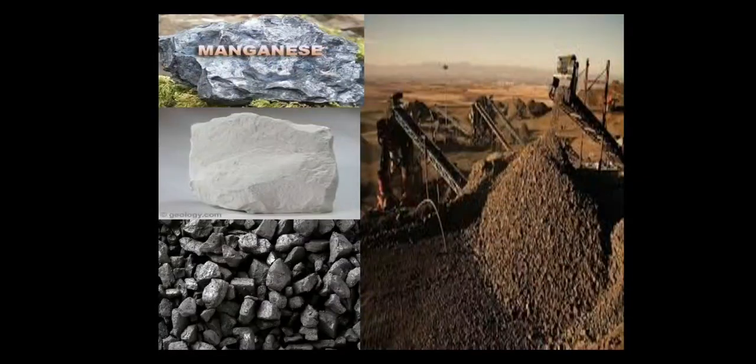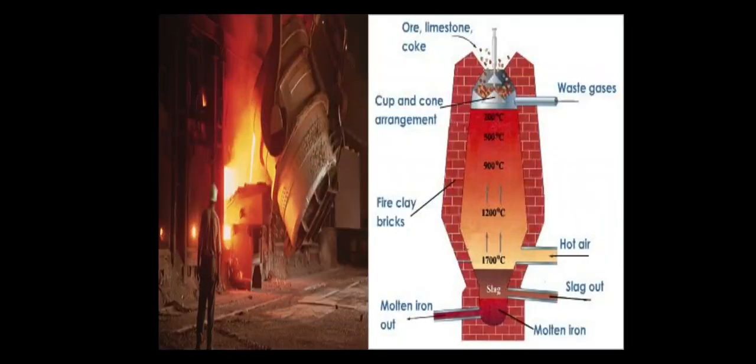So we have coal, iron ore, manganese and dolomite. Apart from that, we need water and a huge amount of money to set up an iron and steel industry. So this is the picture of a blast furnace in iron and steel industries.